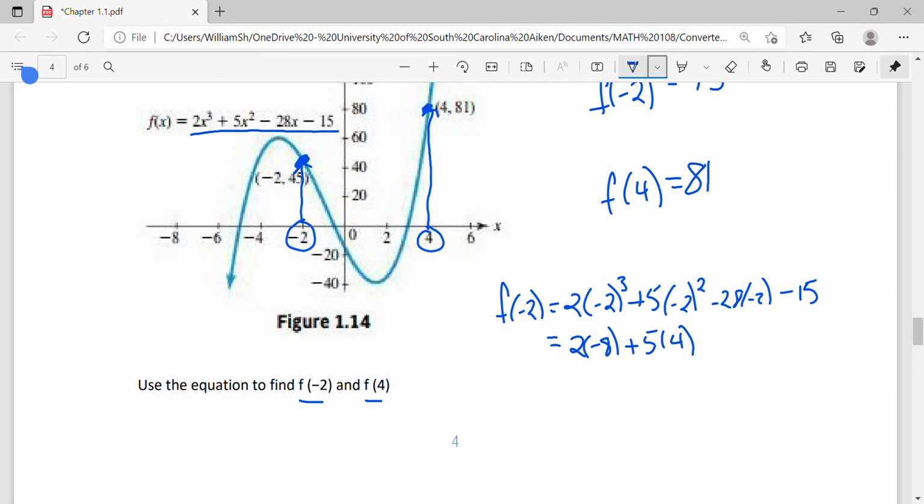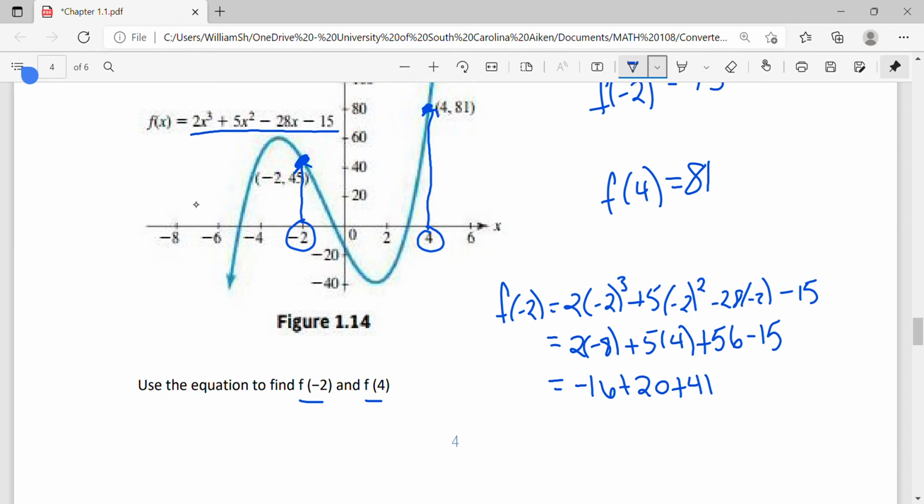And let's see, negative 28 here times negative 2 should give us a positive 56 minus 15. Now, 2 times negative 8 is negative 16. 5 times 4 is 20. Now, 56 minus 15, I'm going to go ahead and do that. That is a positive 41.